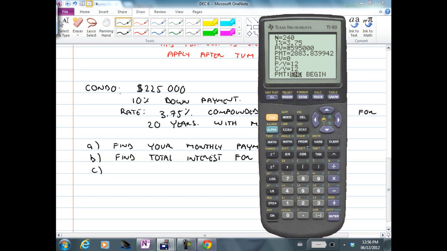It's not 225,000. 202,500, so be negative. My apology. Now, my PY is 12. What is CY? CY is 2 because it says compounded semi-annually.